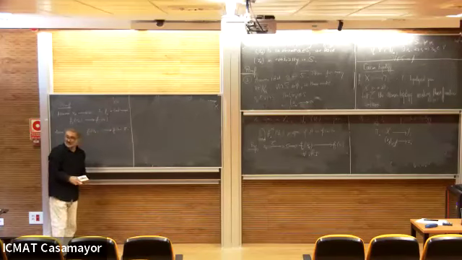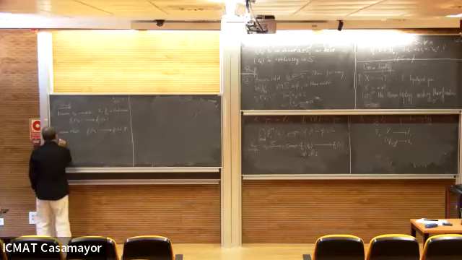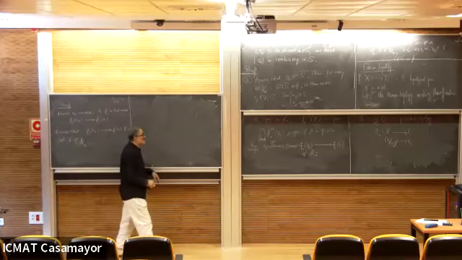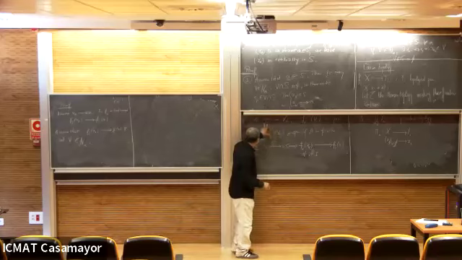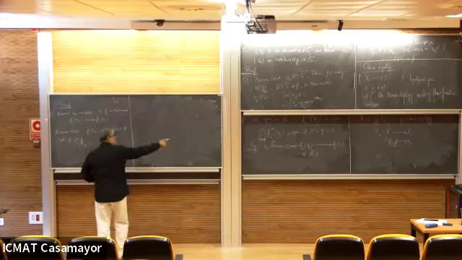So we take a neighborhood of x. Let V be a neighborhood of x. As this is a base of topology, then this neighborhood contains something like that.